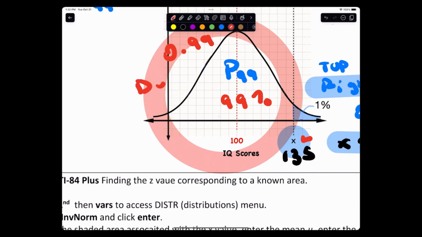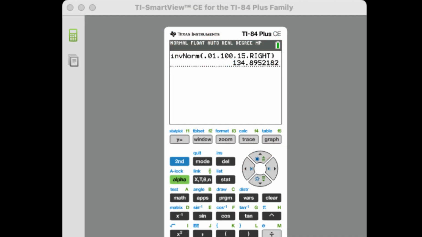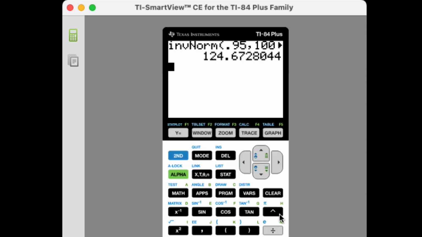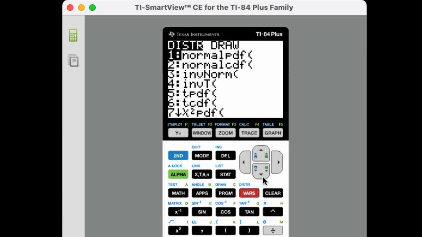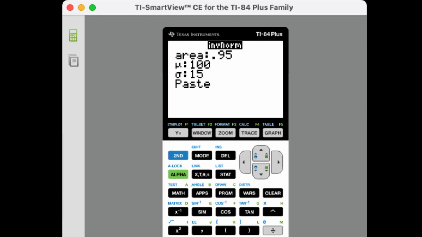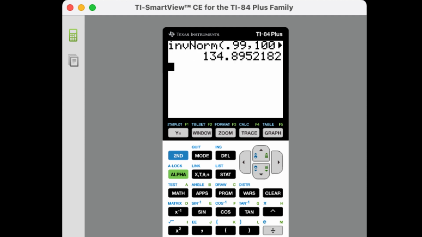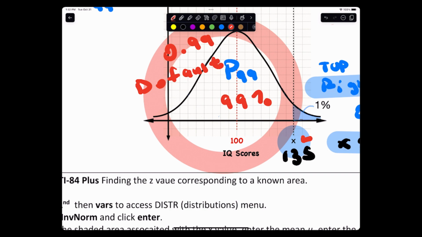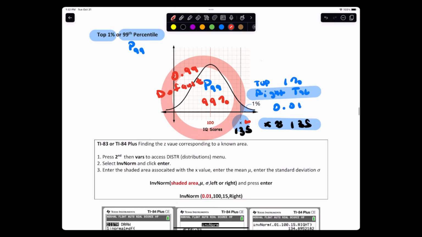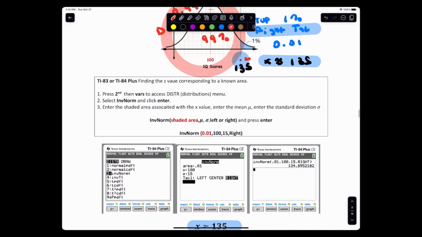That's the default. So those of you guys that have that calculator, second distribution, inverse norm, 0.99. You should get the same answer of about 135. So double check. Isn't that still 135? So that's the same. You guys just happen to have the default. You don't have a choice but to use the area to the left. So, okay.